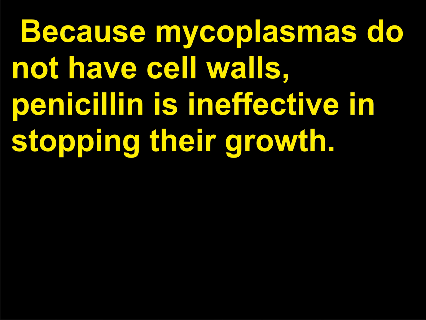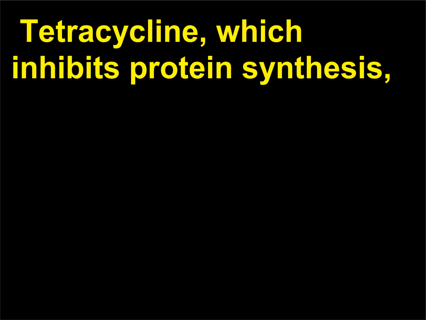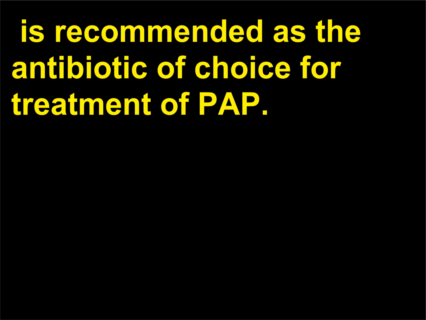Because mycoplasmas do not have cell walls, penicillin is ineffective in stopping their growth. Tetracycline, which inhibits protein synthesis, is recommended as the antibiotic of choice for treatment of PAP.